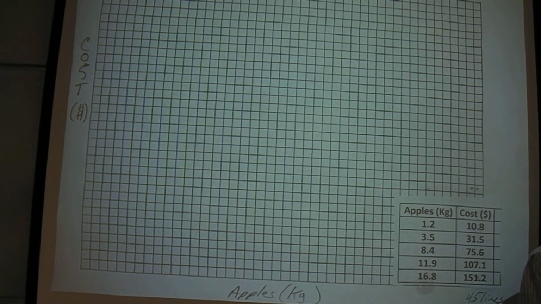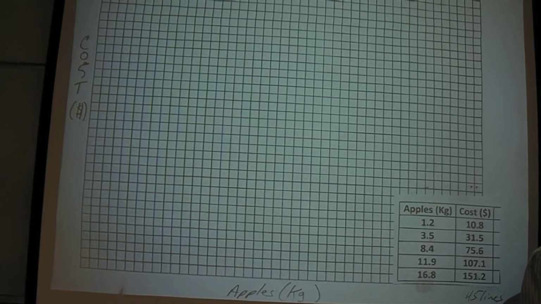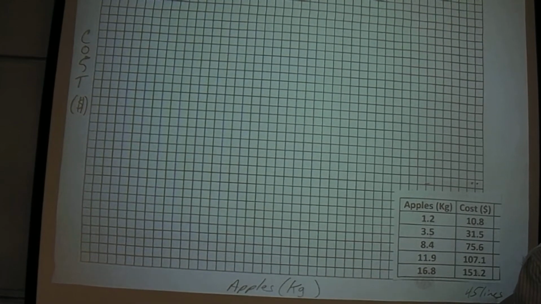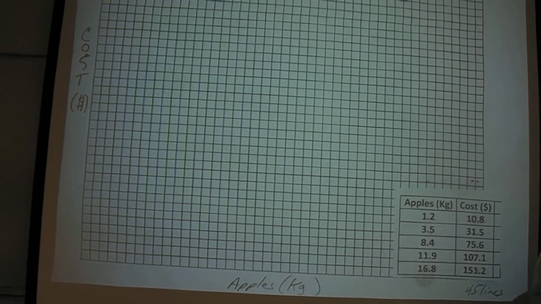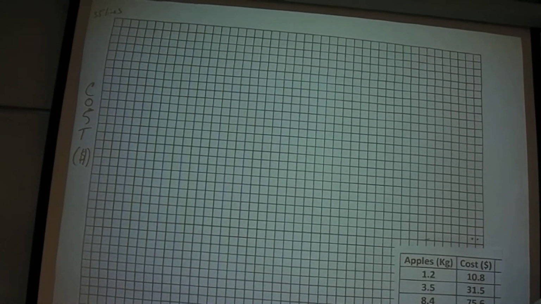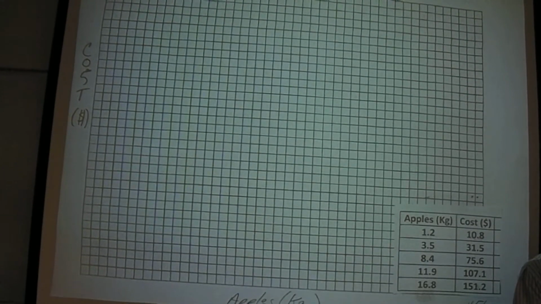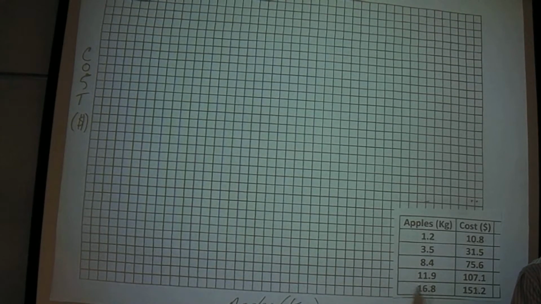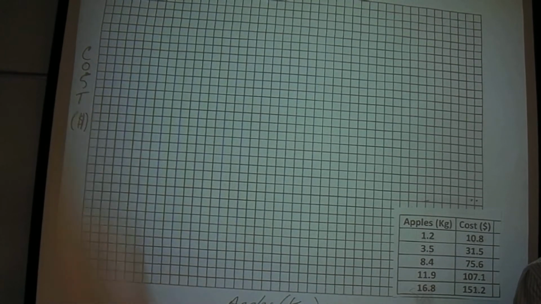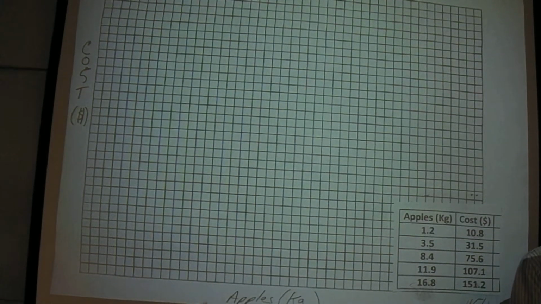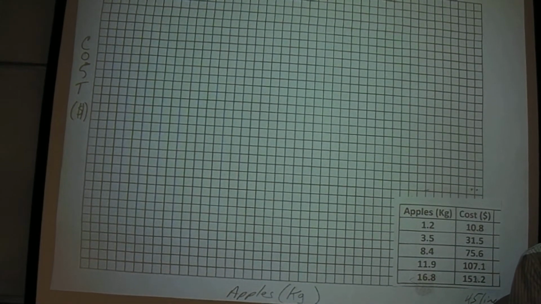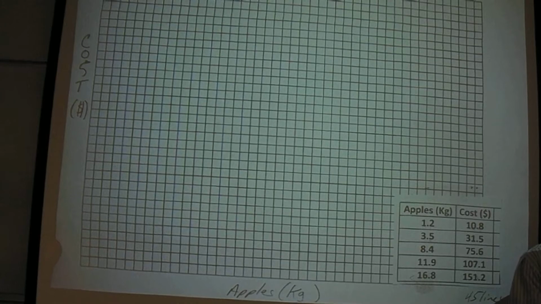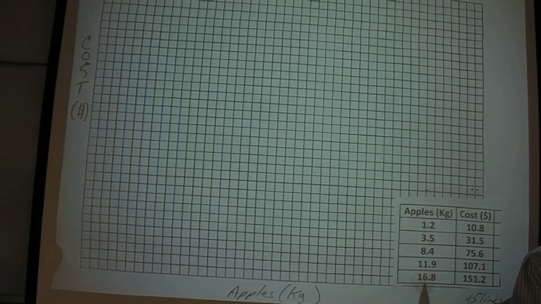In terms of scaling the graph, it's nice to know how many lines are available on each side. I've pre-counted this graph paper and it's 45 lines horizontally, 35 lines vertically. I need to think to myself about how I can get this number to fit within that number of lines. An easy way to do this is to just try to think about this as being a whole number.